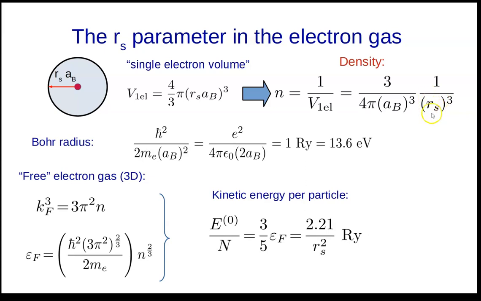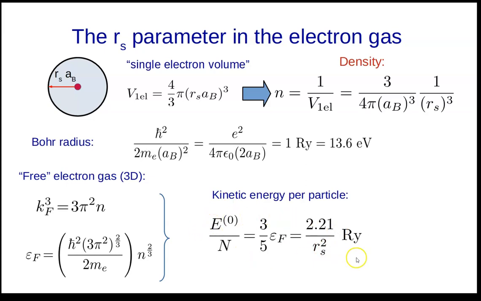Notice that this has no units, so the larger the Rs, the smaller the density, and vice versa, meaning that I can now relate the kinetic energy per particle of the electron gas to Rs, or you could also relate it to the density, but here I'm choosing to put it in this form.